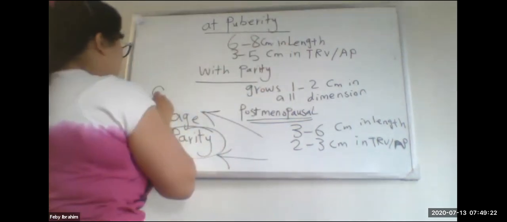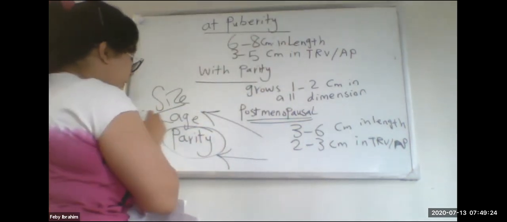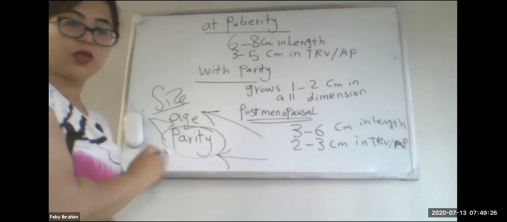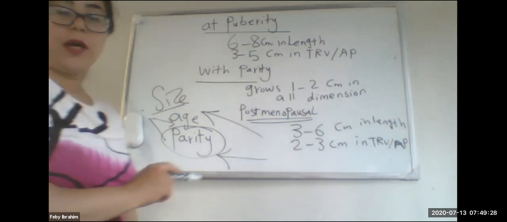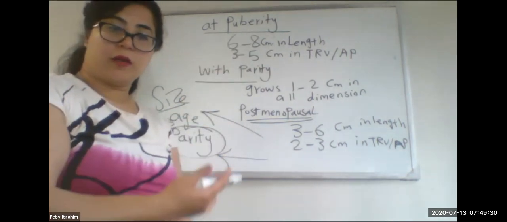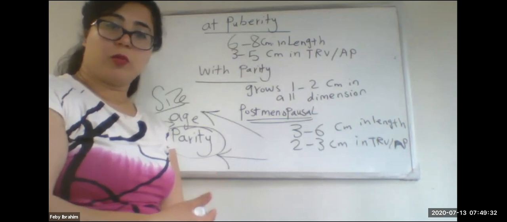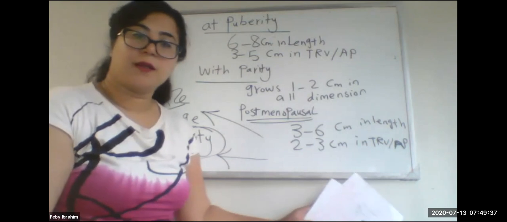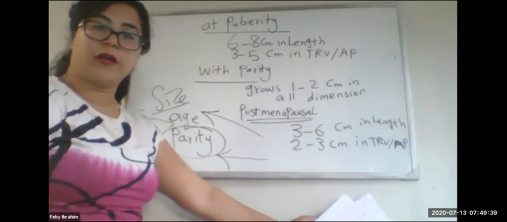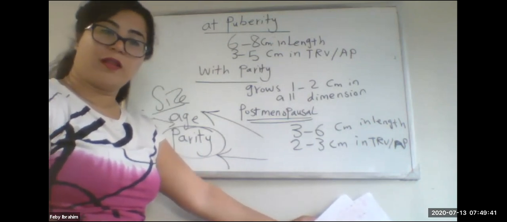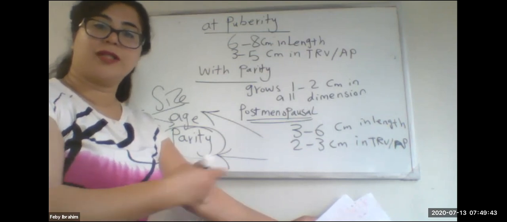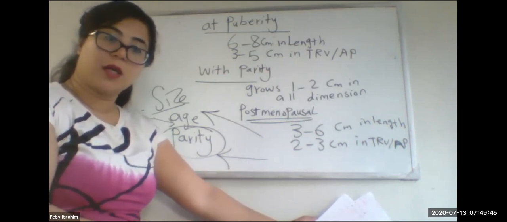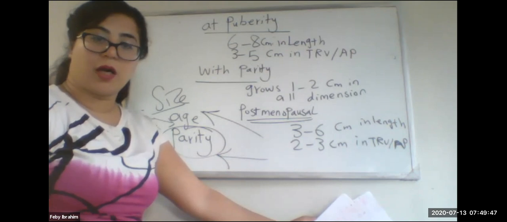So we mentioned the size of the uterus varies with age and parity. At puberty, in a woman in her reproductive years, it's 6 to 8 cm in length and 3 to 5 centimeter in width and height. So transverse is measuring the width, and the anterior posterior the height.